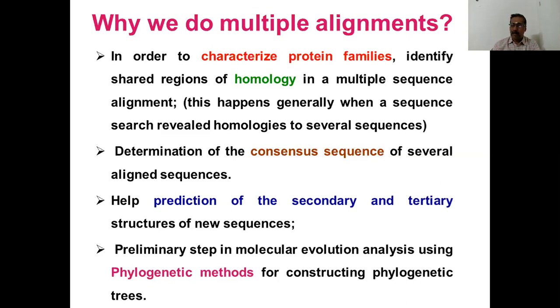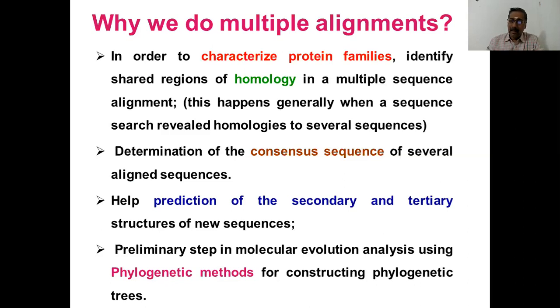At position number 10, which character is retained? Whether the expected character is retained or not, and whether any gap has been included. So the retainment of conserved characters, characters which are very, very sensitive against mutation, can be found only with the help of multiple sequence alignment.